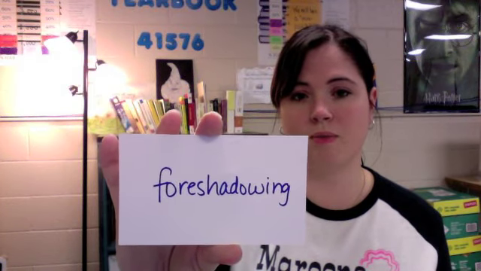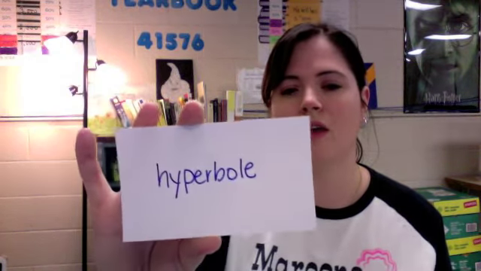Foreshadowing, another one that people often forget about. Think about the times that you've been watching a scary movie and you hear that music in the background. Da-dum, da-dum, da-da-da-da. Well, gee, what's about to happen? That's foreshadowing. So that one's an easy one people sometimes forget. Hyperbole, exaggeration. I'm so hungry I could eat a horse. I'm so tired I might fall over on the floor.